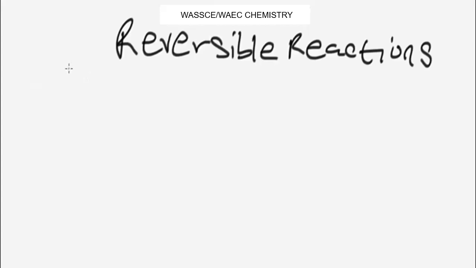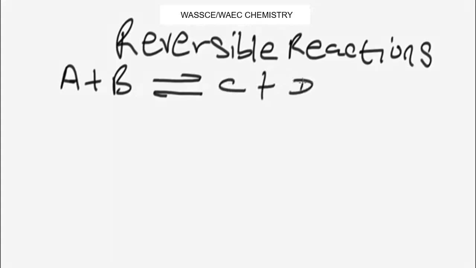For instance, let's say we have these reactants, reactant A plus reactant B, converted to these products C and D. Take note that this is a sign for a reversible reaction. So when you see this kind of sign in any equation, just know that the reaction is reversible.